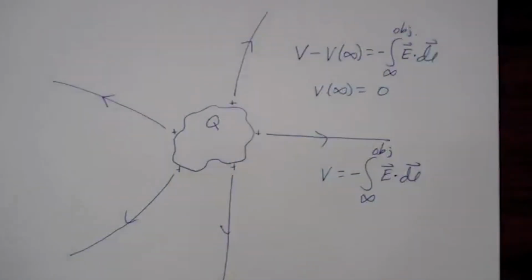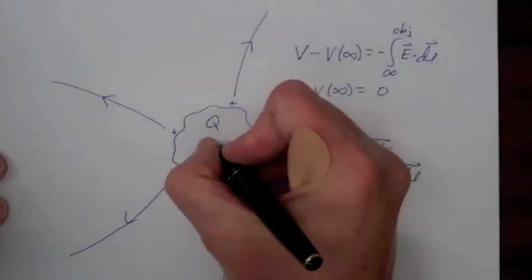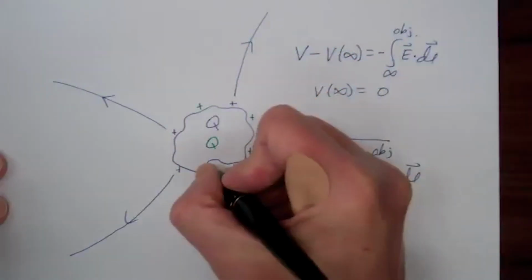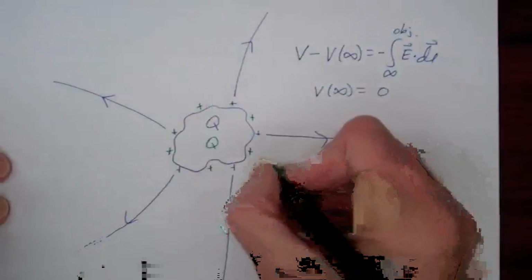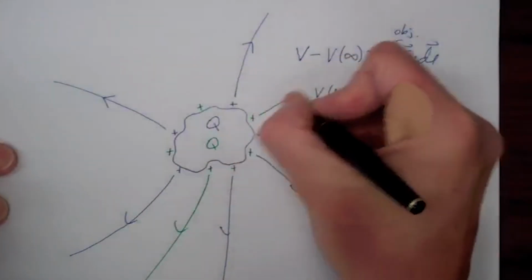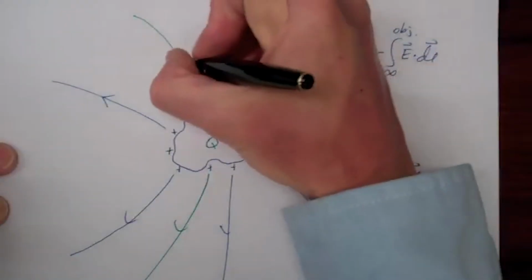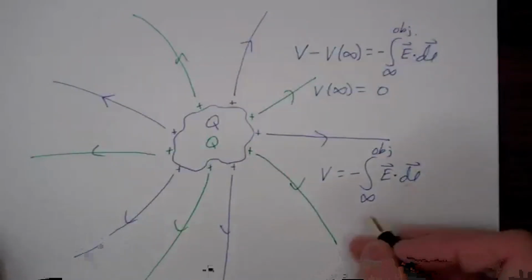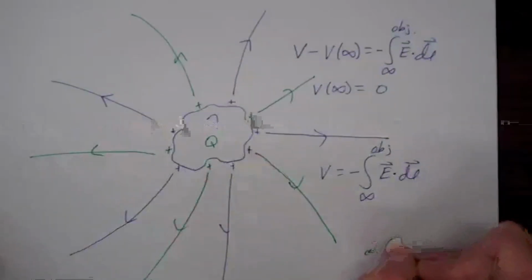Now, let's add another plus Q to the object. So we're doubling the charge, and clearly the total electric field is going to be doubled. So we've doubled the charge.